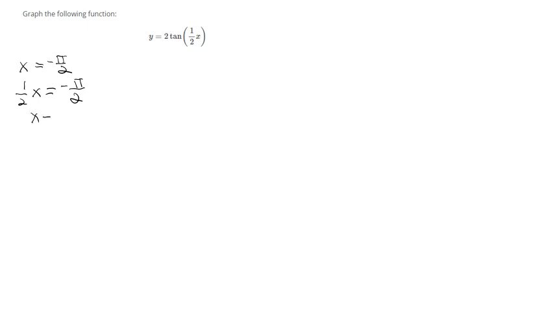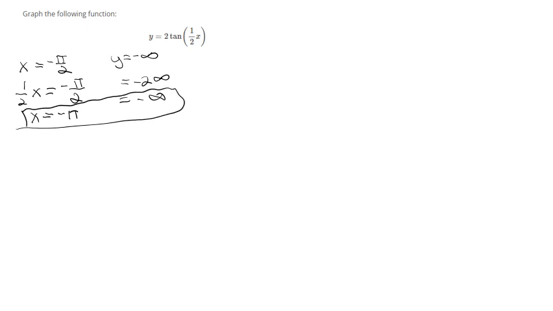So at minus pi, my y value, remember at minus pi over 2, the asymptote is y equal to minus infinity, right? Okay. Well, 2 doesn't affect minus infinity. It's still minus infinity. So guess what? We still have an asymptote. It's just occurring at minus pi.